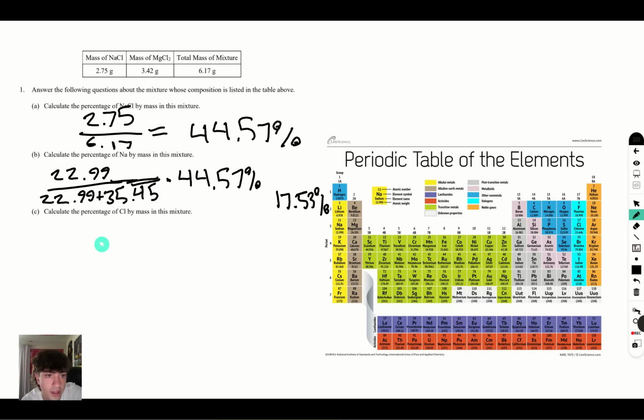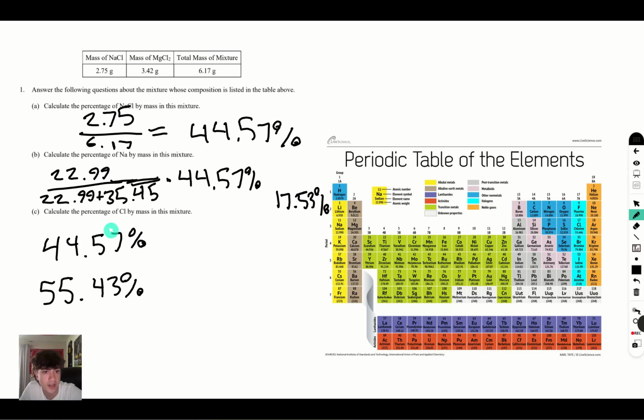We found the percentage of NaCl, 44.57, and then we're going to multiply by how much chlorine is in there. Let's do the same thing for the percentage of MgCl2. You have 3.42 divided by 6.17. You get 55.43%.